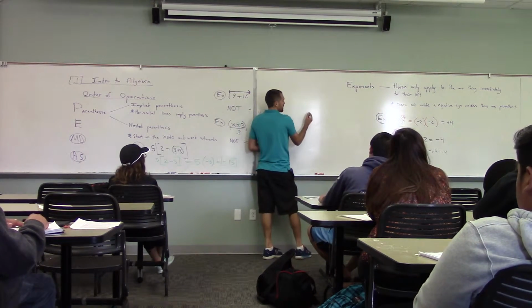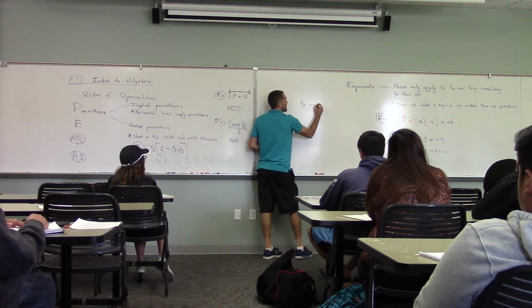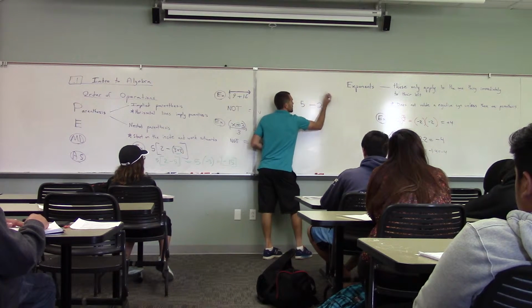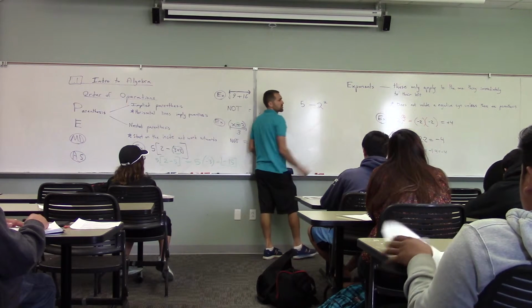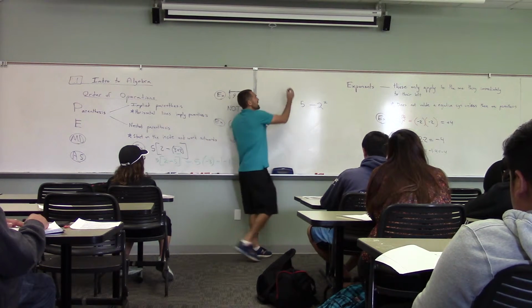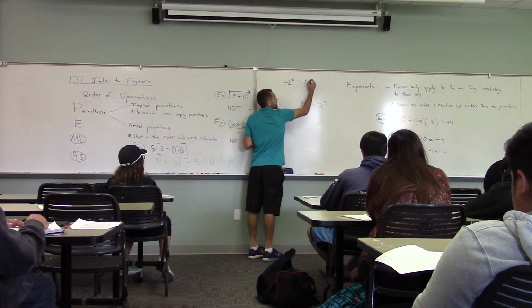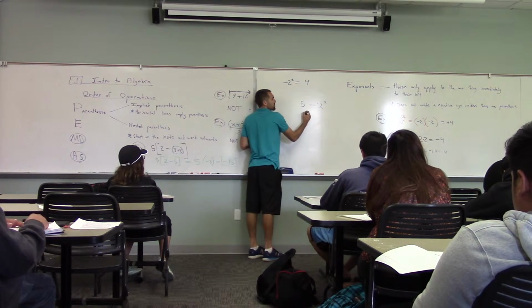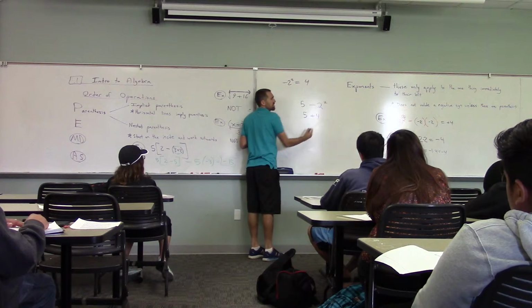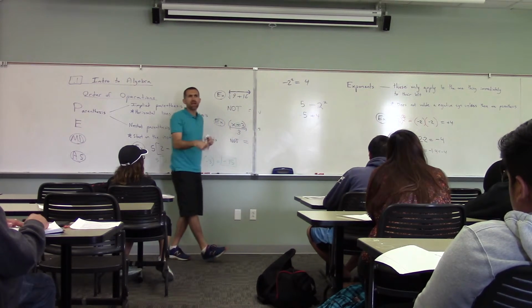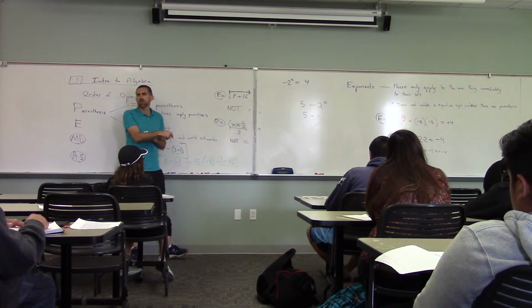Another way to think about that same thing is, okay, what if I have 5 minus 2 squared, okay? Well, if you say negative 2 squared is positive 4, then wouldn't this become 5 plus 4? That's obviously not right. 5 minus 2 squared is 5 minus 4, right?